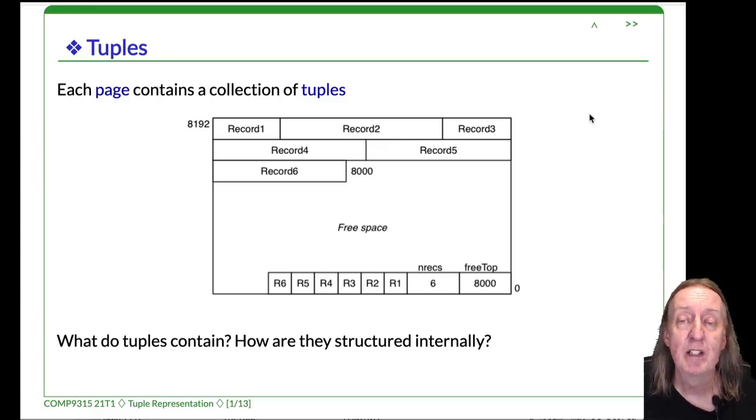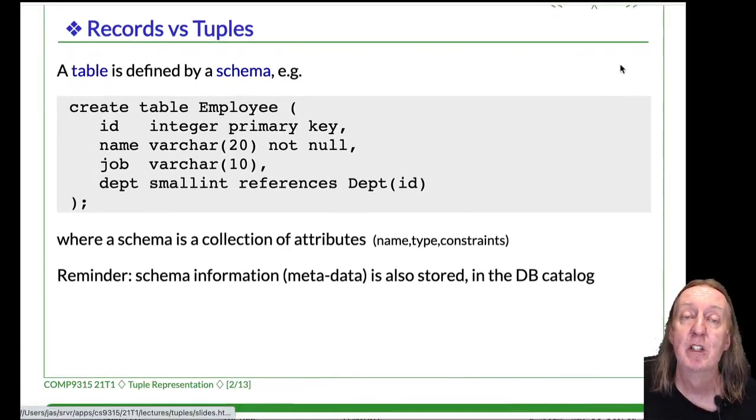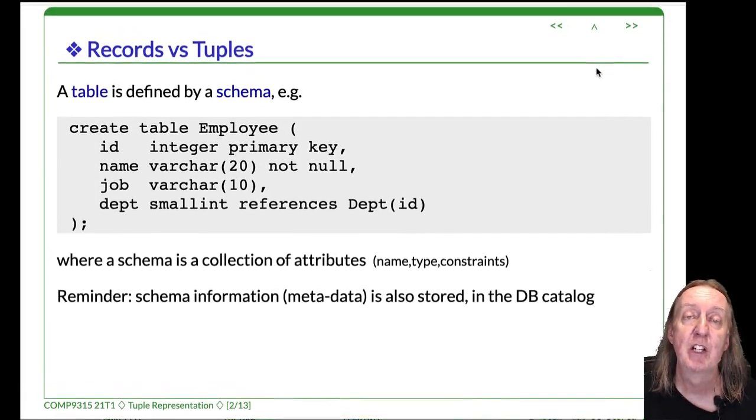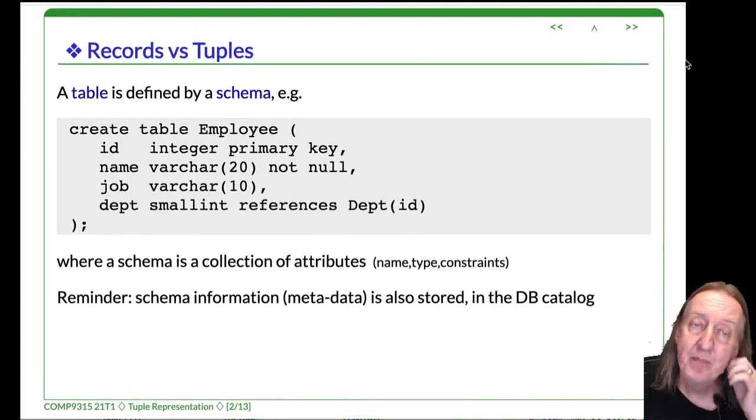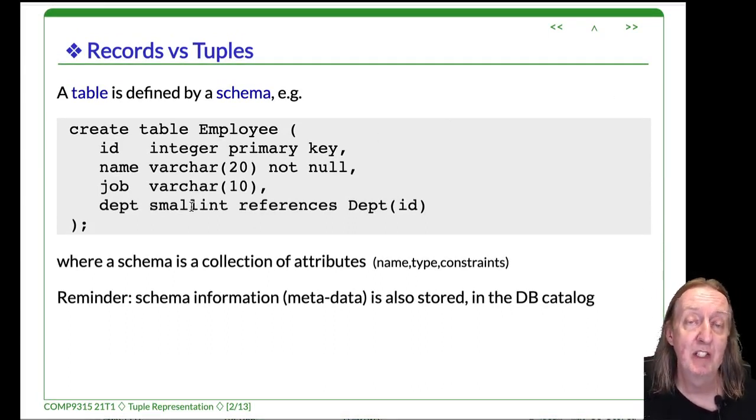And we want to find out how we can interpret that byte sequence, and that's really what the tuple representation is all about. So, tables are defined by schemas. These identify what the attributes are in each tuple or in each record, and the type information we've got here, part of it tells us how large the value is.